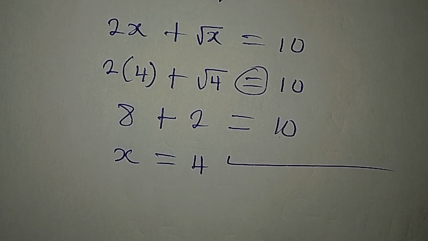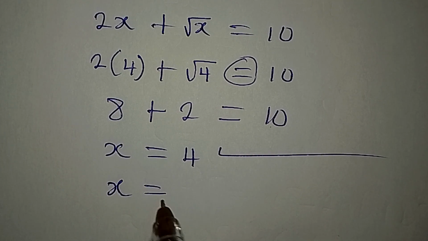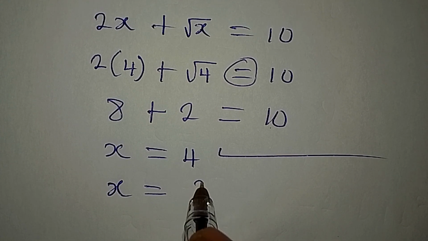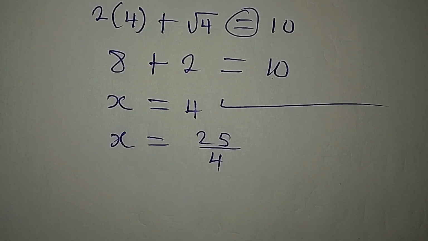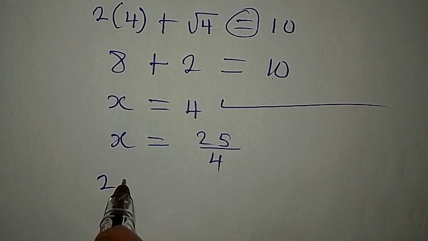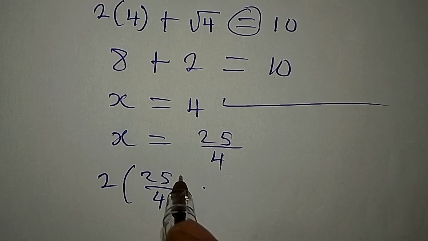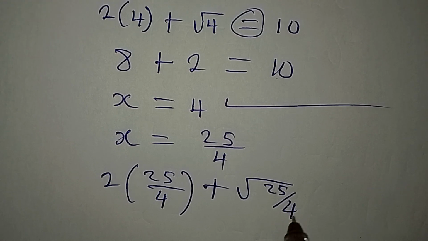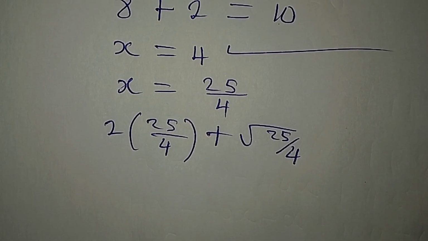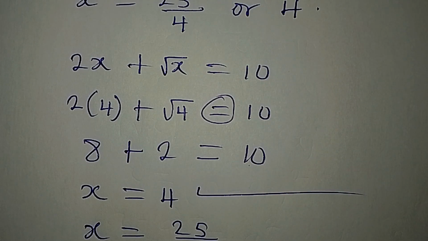But then let's look at the other value, which is x equal to 25 over 4, right? Now that means we are having 2 times 25 over 4, close this, plus square root of 25 over 4. Now will this give us 10? Because we were having 10 on the right hand side, right?